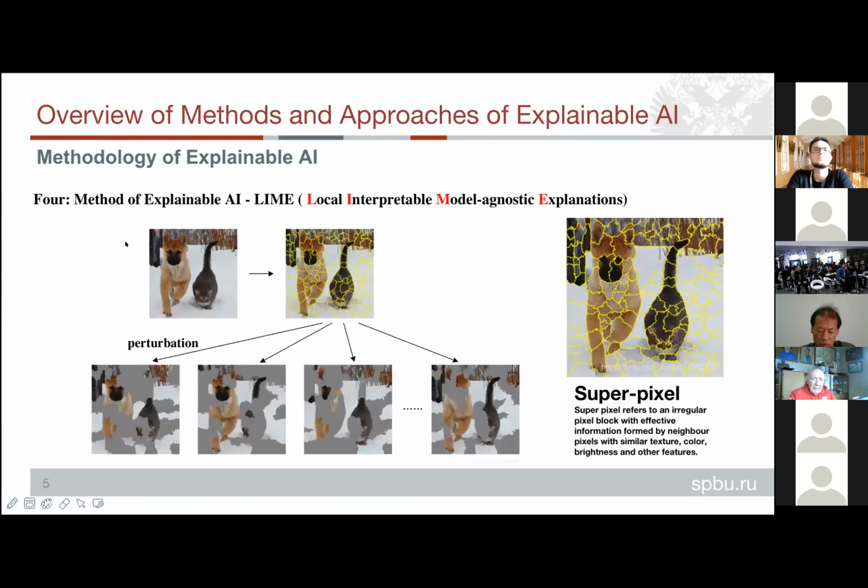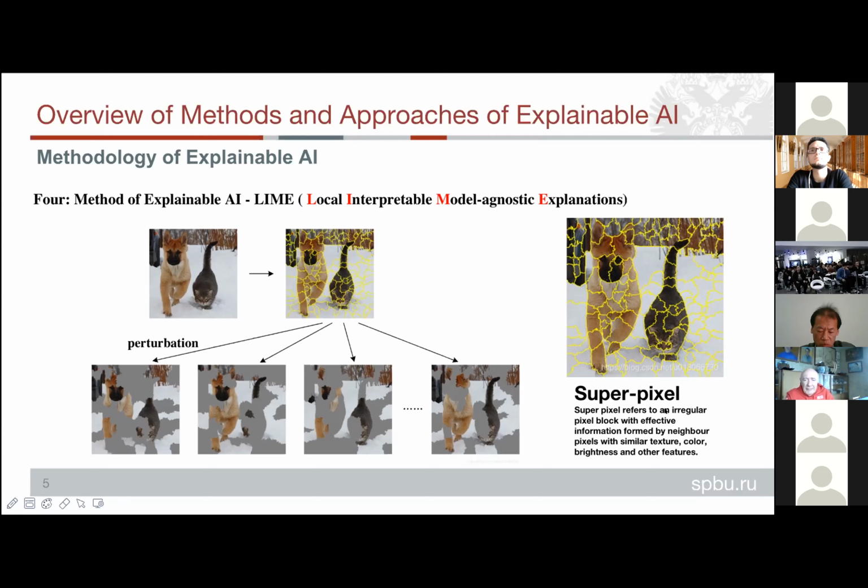When LIME is applied to picture recognition, the perturbation of the features required by LIME will happen at each pixel of the picture, which will result in a very large number of features. So using LIME for picture tasks requires some special skills, namely superpixels.